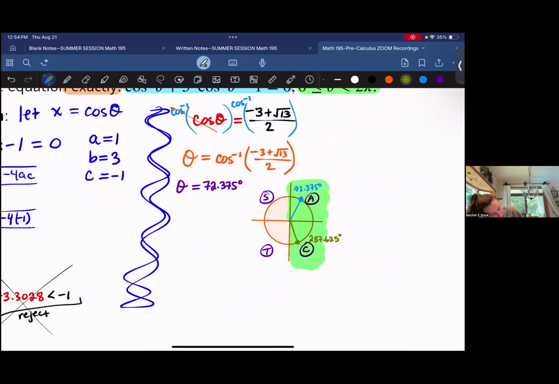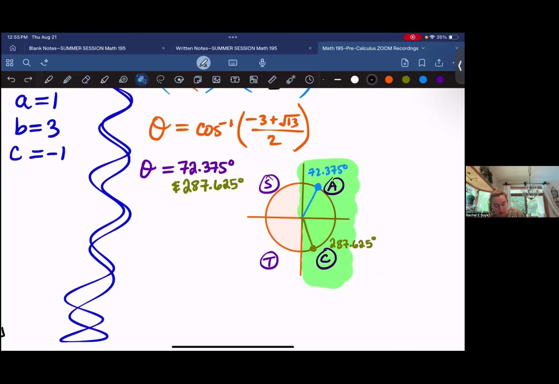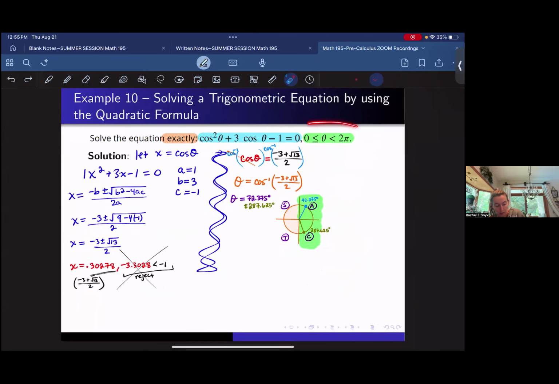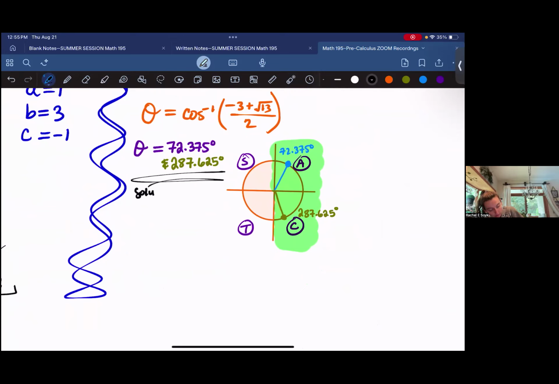Write that down. So these are our solutions. However, we want to put it in terms of radians to get our final result, and we want to keep it exact. So I'll even write, these are our solutions in degrees.